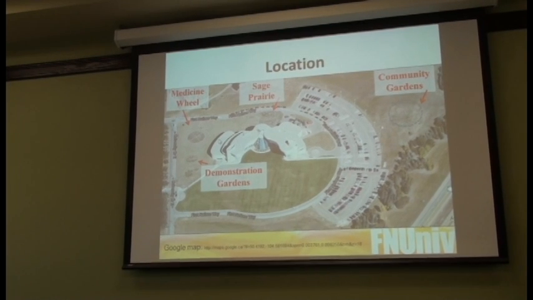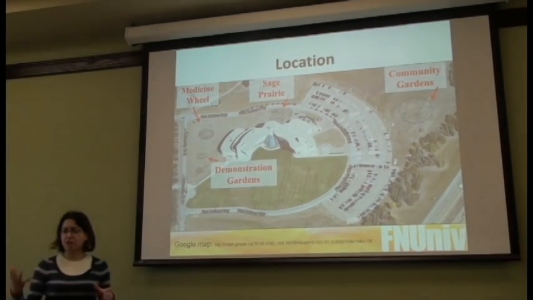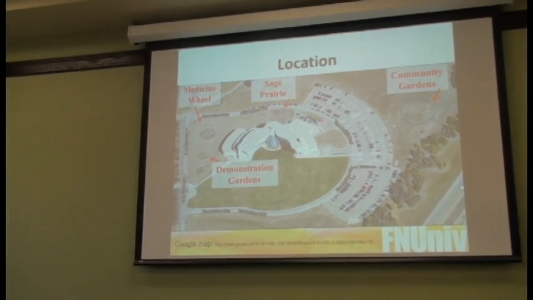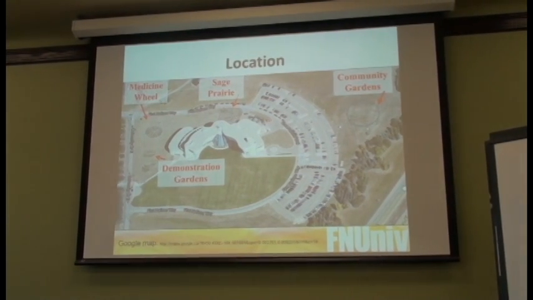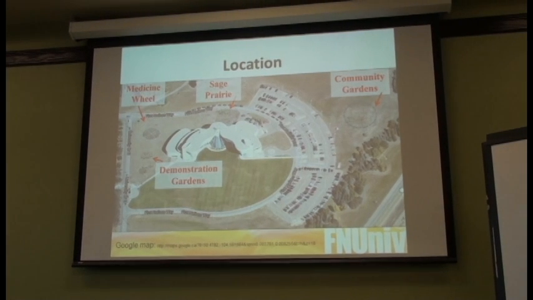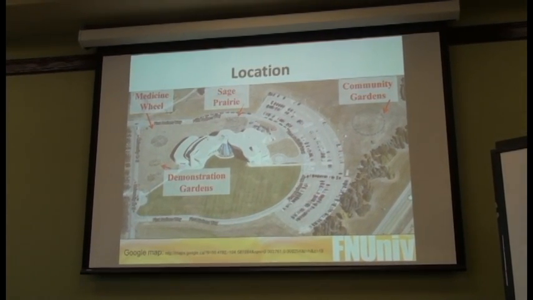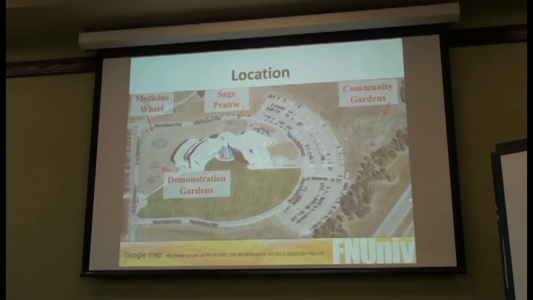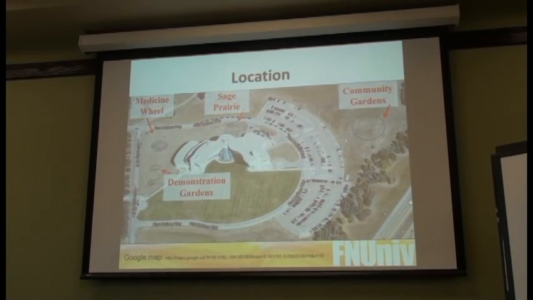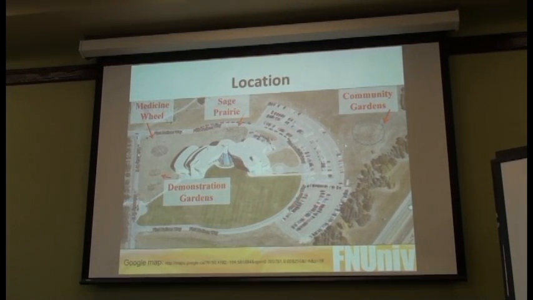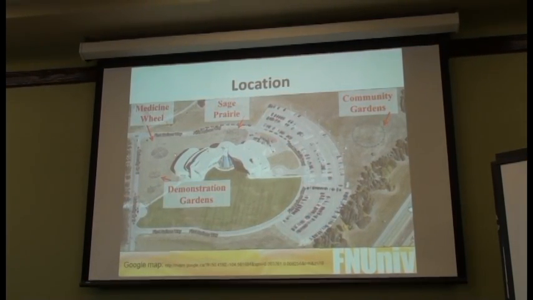During the talk I will mention the community gardens here. They're at the First Nations University, between the building and Ring Road, which is here. I will talk about the native prairie at the university, so that's what we have here. The picture on the previous slide was taken from here, looking at the garden like this.